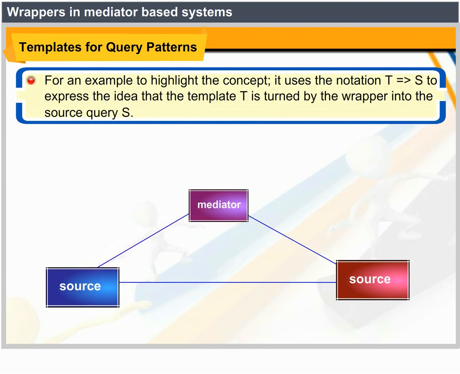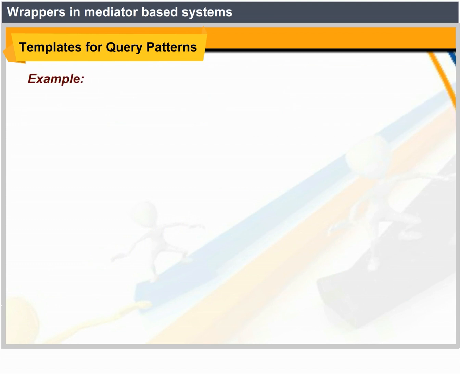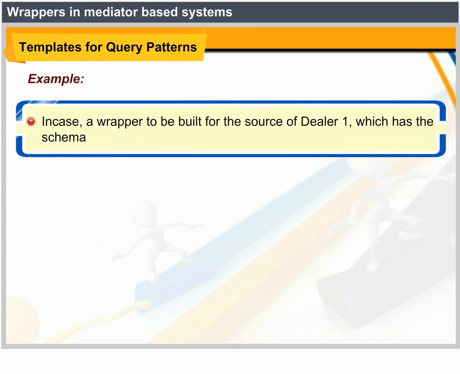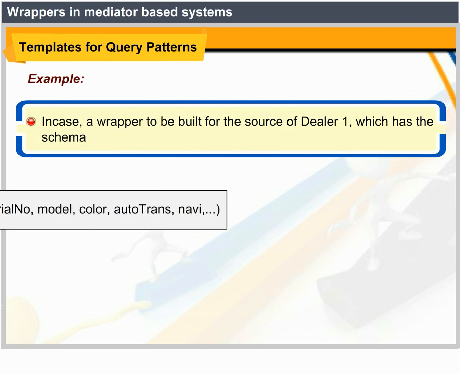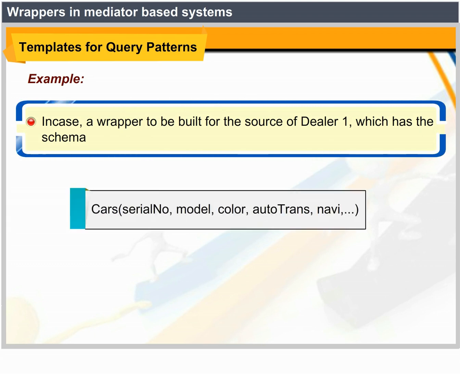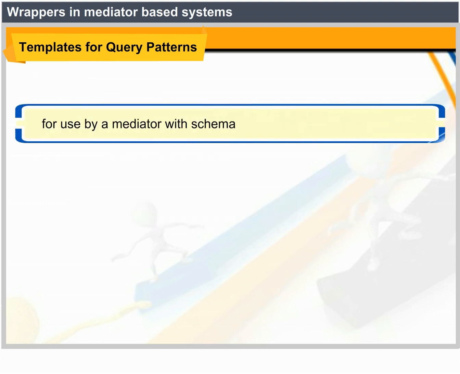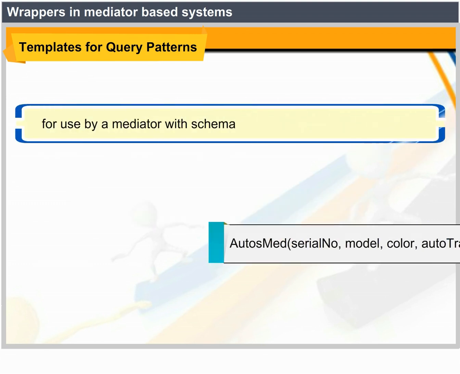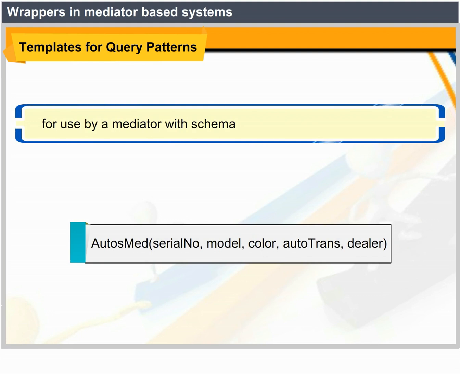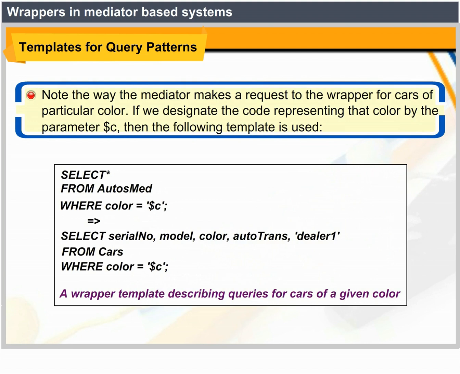Example: suppose we want to build a wrapper for the source of dealer 1, which has the schema Cars(serialNo, model, color, autoTrans, navi, etc.), for use by a mediator with schema AutoMed(serialNo, model, color, autoTrans, dealer). Consider how the mediator could ask the wrapper for cars of a given color if we denote the code representing that color by the parameter $C.